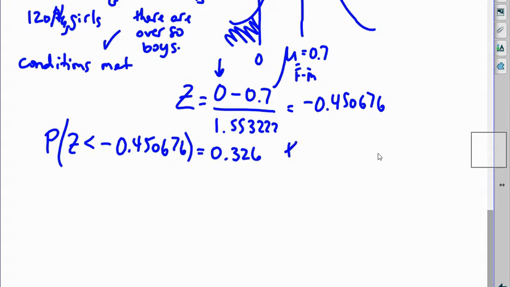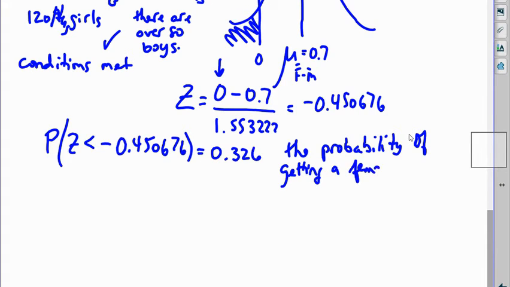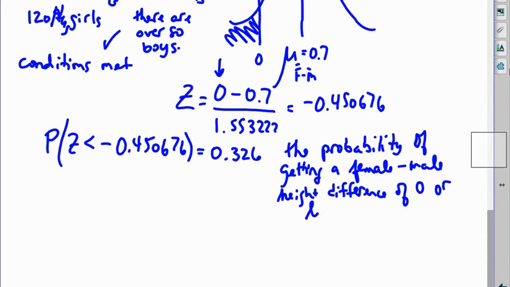So the probability of getting a female minus male height difference of 0 or less is 0.326.